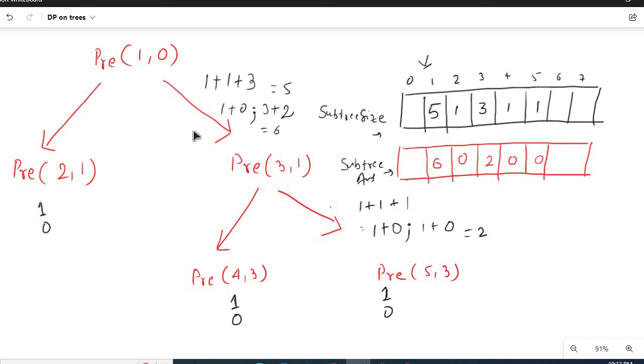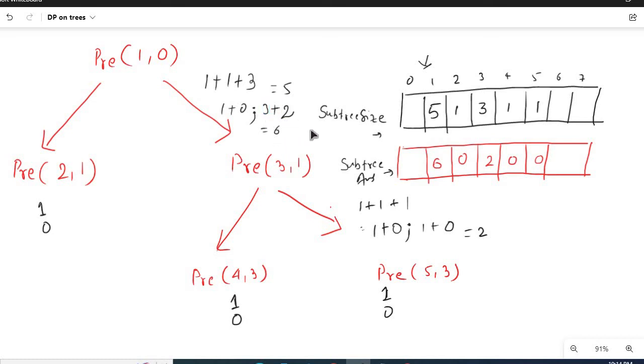So for calculating the sum of all the nodes from this node, we calculate it on the left side and we calculate it on the right side. For the calculation on the left side, we add two things. First is the subtree answer, like what is the answer of it. So 0 is the answer, so this 0 is here and the sum is 1. When we go to the right side, then 3 is the answer.